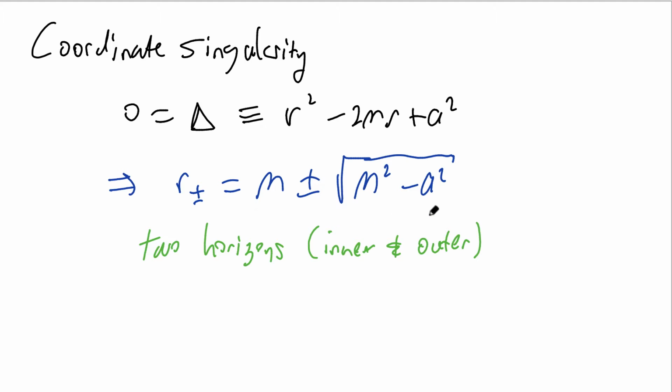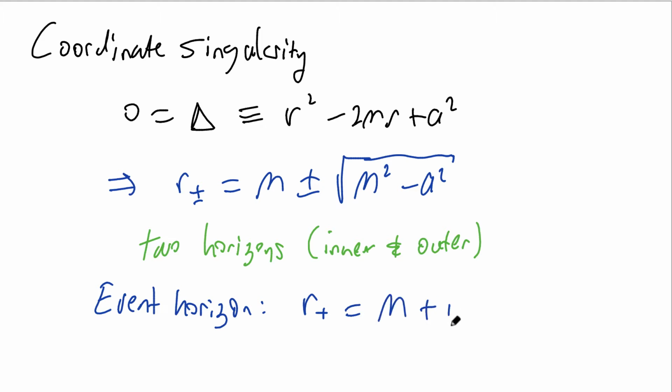Now, from the perspective of an outside observer, it's the outer horizon that matters. So that's what we'll refer to as the event horizon, this r plus horizon, which is given by m plus the square root of m squared minus a squared.